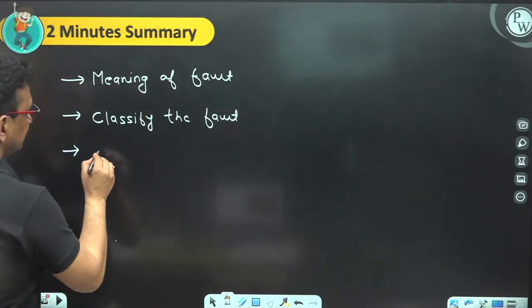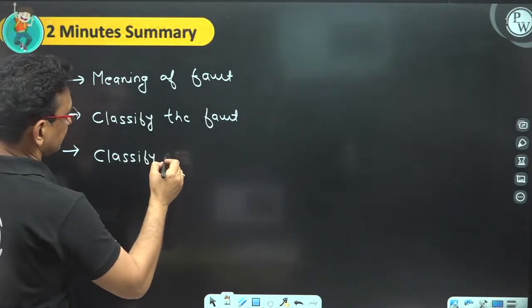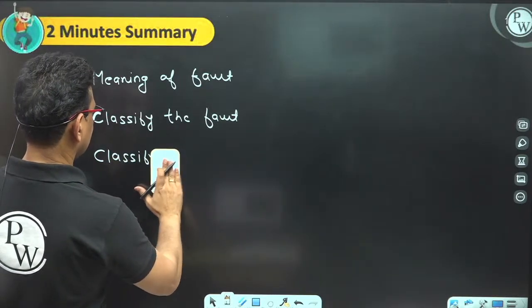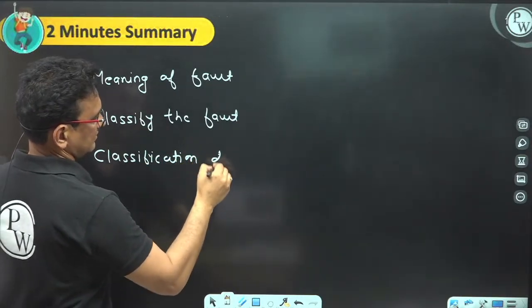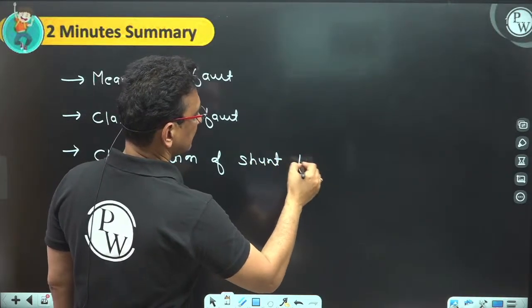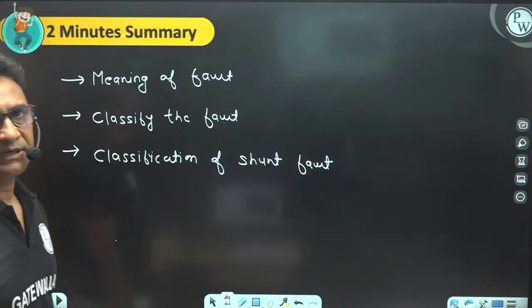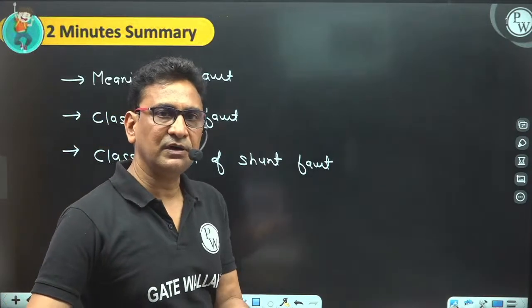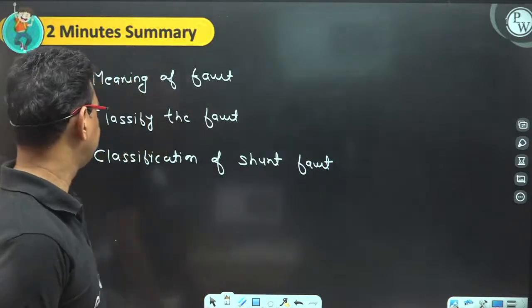Shunt fault we can further classify into 2 categories: the symmetrical fault and the unsymmetrical fault. In the symmetrical fault, all 3 phases are involved. In unsymmetrical fault, either 1 phase or 2 phases are involved.